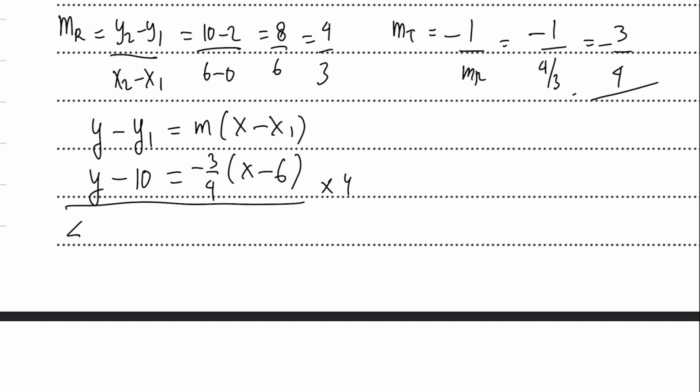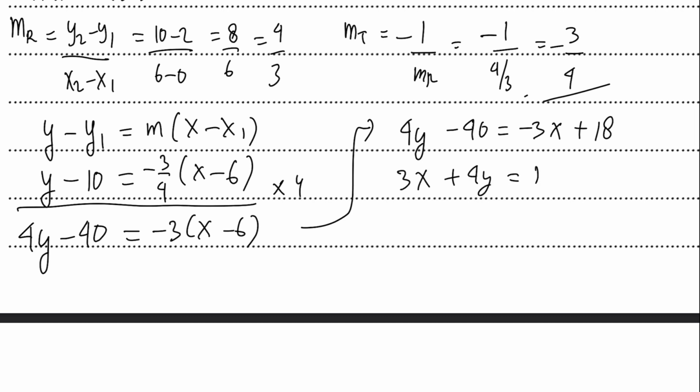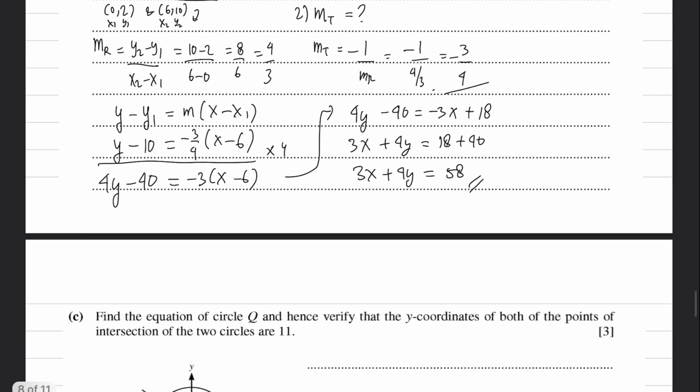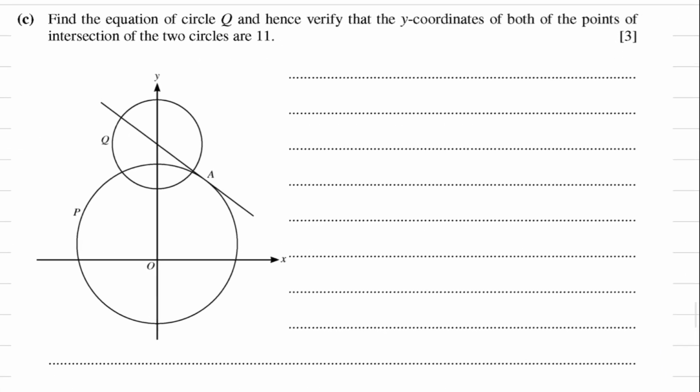We will get 4y - 40 = -3(x - 6). So we'll get 4y - 40 = -3x + 18. And then we have 3x + 4y = 18 + 40, which is 3x + 4y = 58. This is the equation.